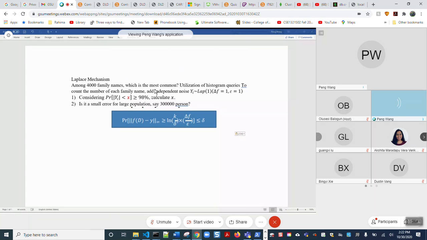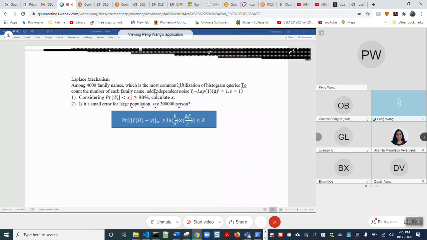The Laplace mechanism, we get given this question, and we also have the formula from our slides. From this formula we can get that now we have this.